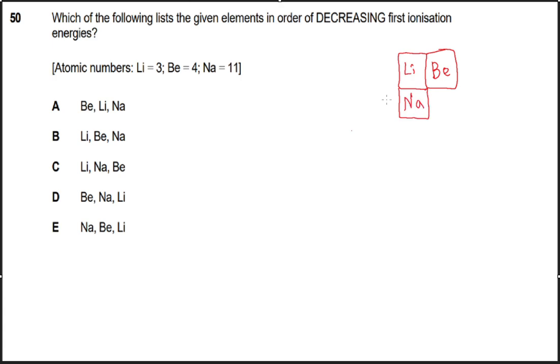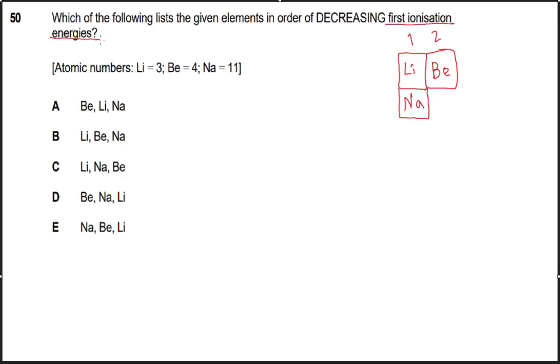So this is how it is arranged in the periodic table. It's in group 1 and 2. Beryllium is in group 2, and lithium and sodium are in group 1. So we know about the arrangement, and secondly, we have to understand the definition of first ionization energy.